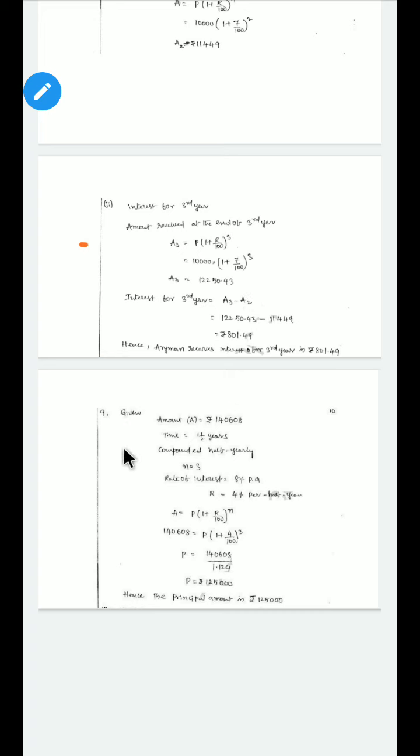So here half yearly interest is given. That means how many years are given here? 1.5 years. So in this 1.5 years, how many times will the money be compounded? 3 times. Clear? So n is here 3.